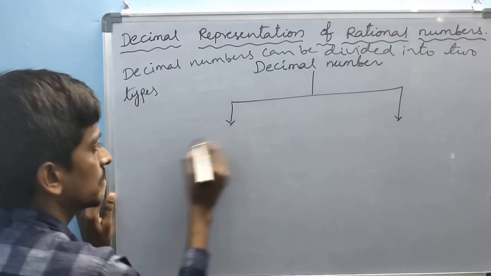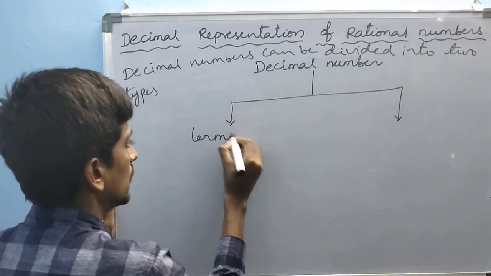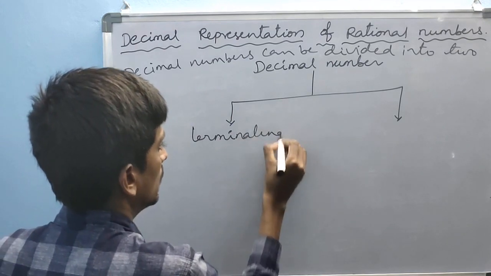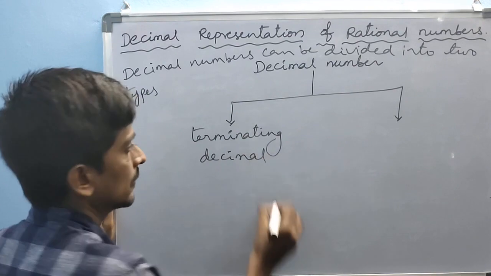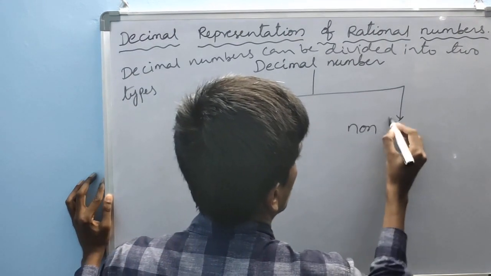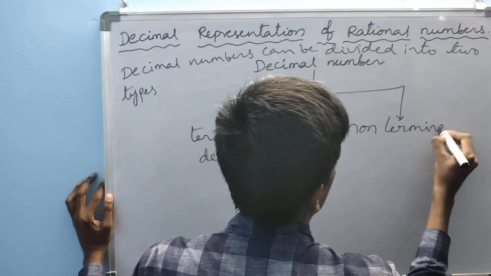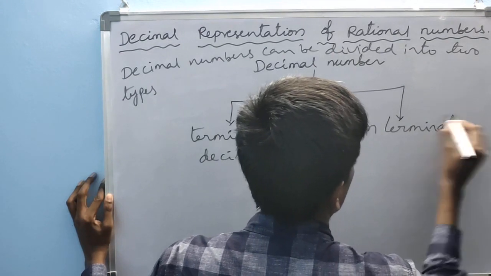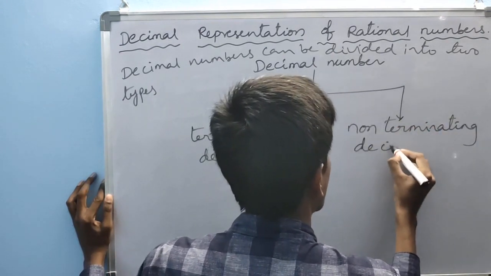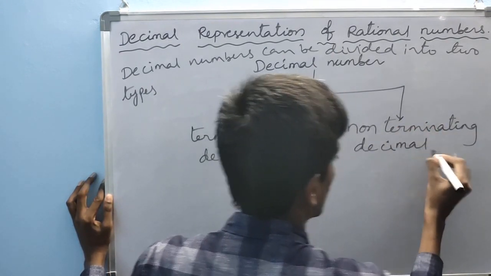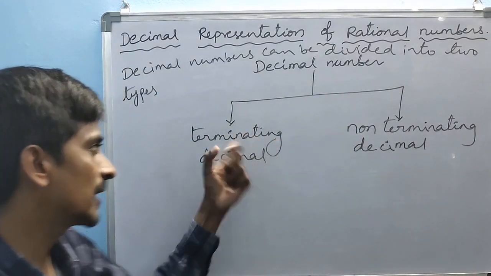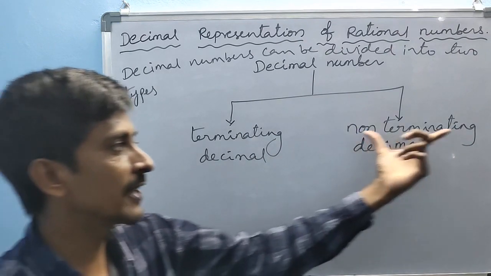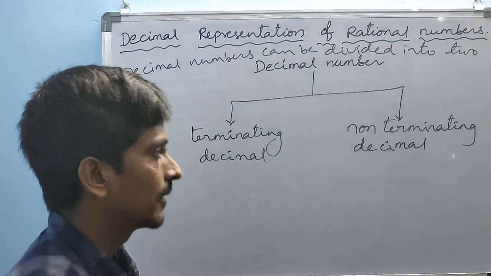The first one is terminating decimal. Another one is non-terminating decimal. These are the decimal numbers divided into two parts: one is terminating decimal and another one is non-terminating decimal.